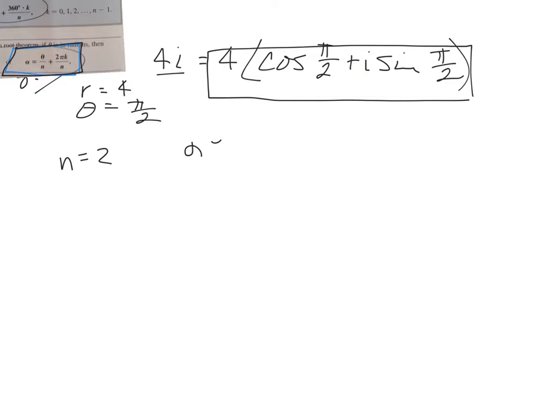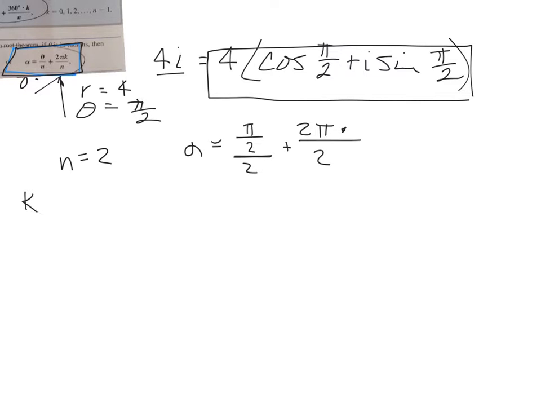Alpha equals, I'm just taking it from here, theta over n, which we said n was 2, plus 2 pi over, again, n, times our k.